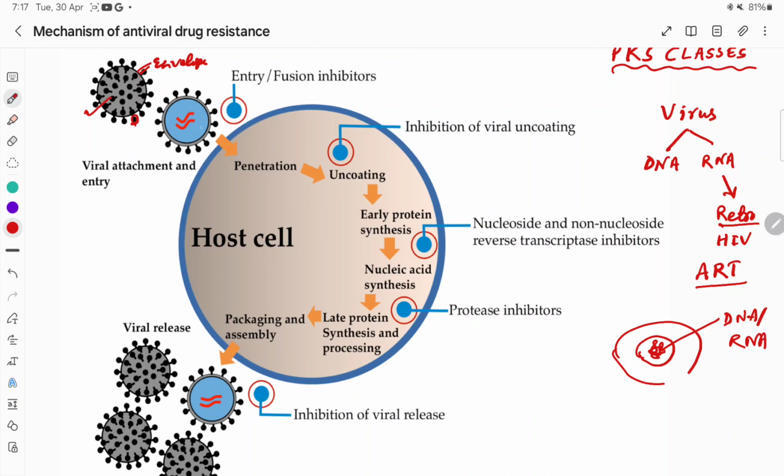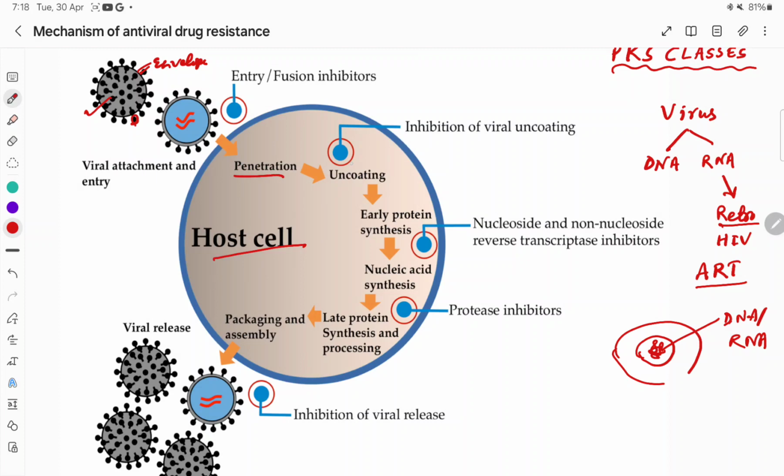First the virus attaches itself to the host cell, because the virus does not have its own metabolic machinery or protein synthetic machinery. It needs the protein synthetic machinery of the host cell. So first it gets attached, then it penetrates into the host cell.